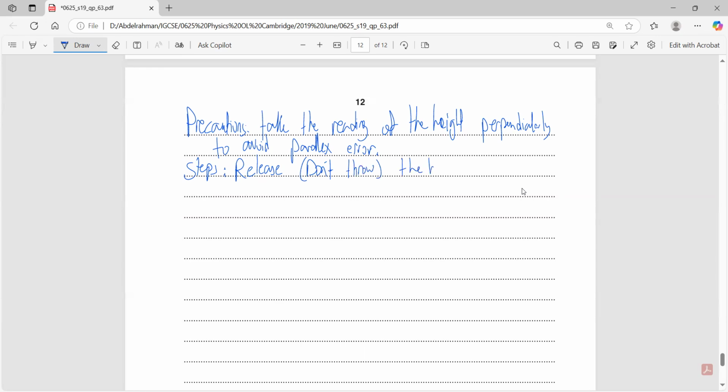Release from a height and measure the height of the bounce from the floor. You can say repeat for different heights dropped.